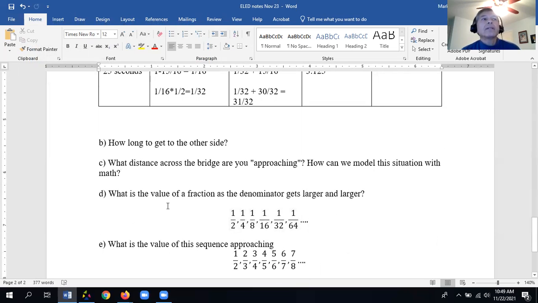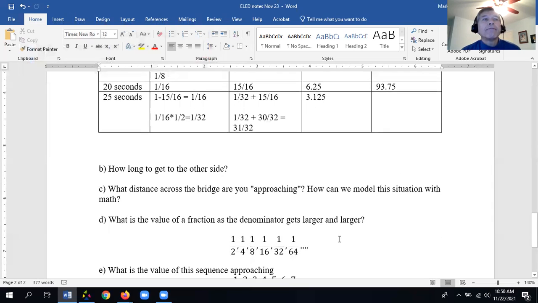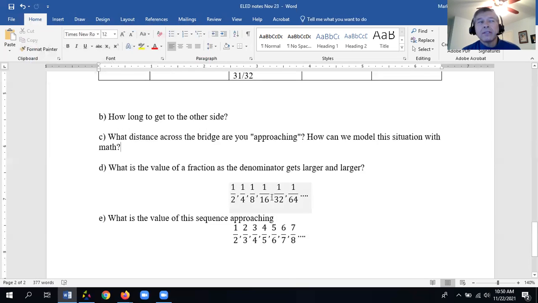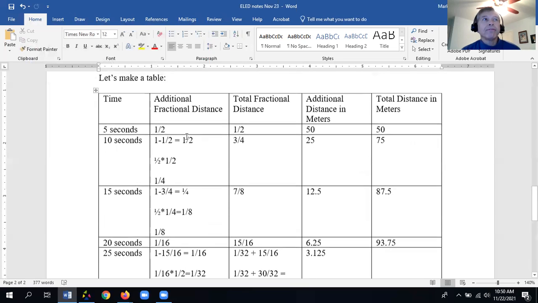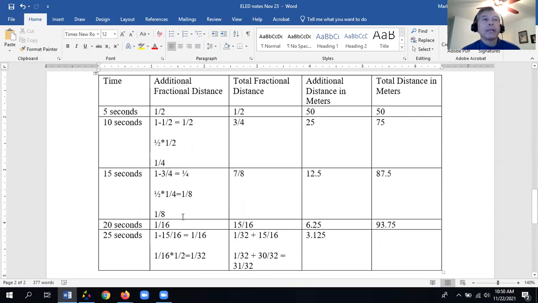So let's take a look at some other fractions here real quick and see what we can determine they're getting close to. So here's a pattern, it's just a sequence. We're not adding these, it's just a sequence of fractions. And these are actually the values that were from this problem, like 1/2, 1/4, 1/8.